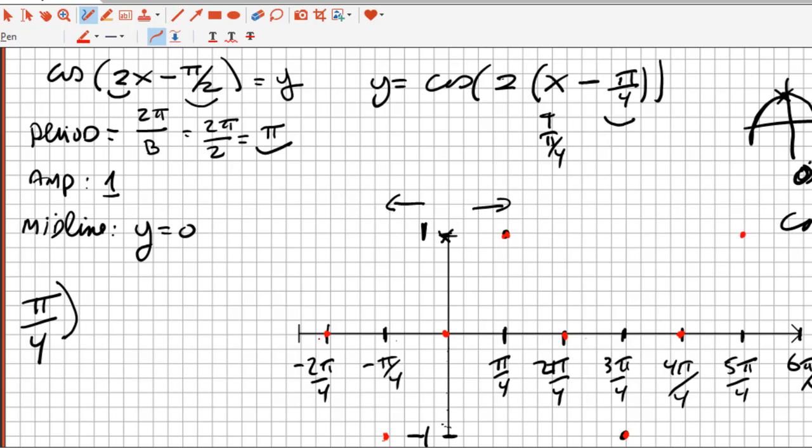So that makes it nice and simple. Now I can just start tracing. And there you have it.